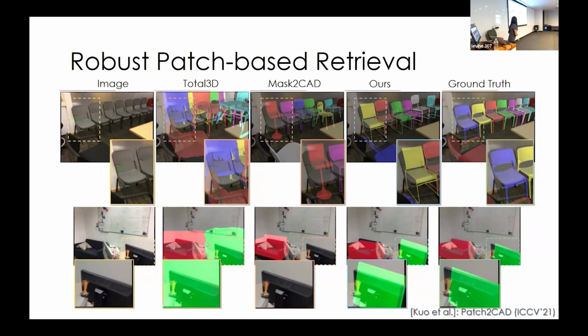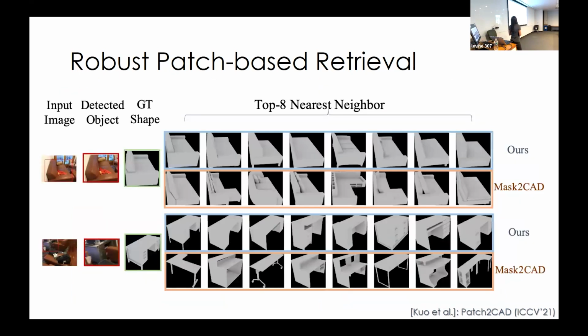And this patch-based reasoning also means that you get a much better structured space when you query the top n nearest neighbors rather than just the top one nearest neighbor. So here you have this input image with the detected object. You can see the ground truth shape here just for the purpose of visualization.